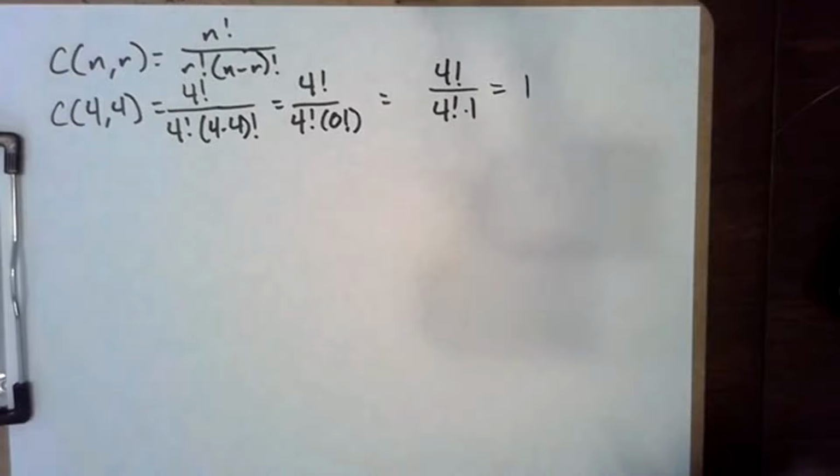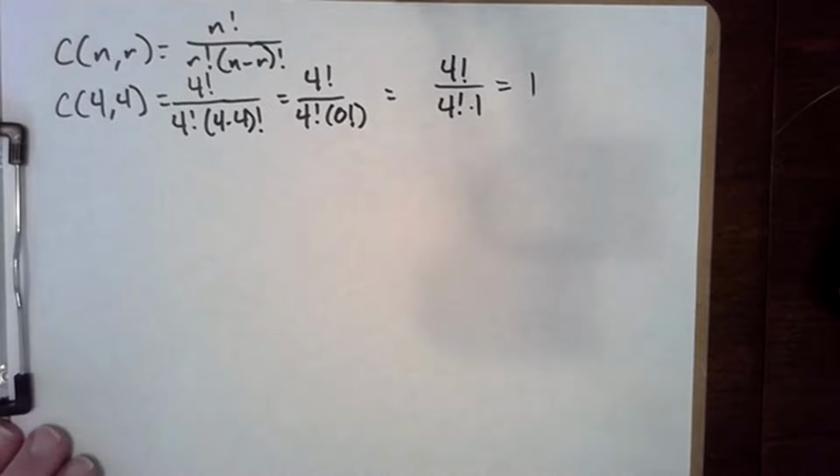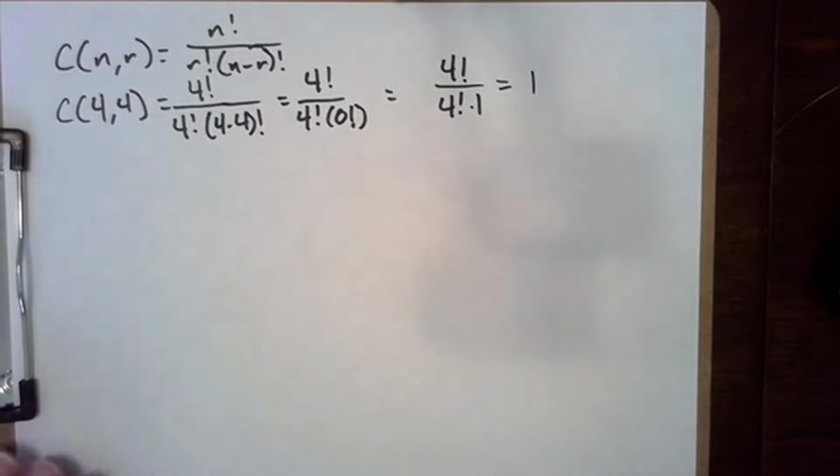So in other words, this is 1. Because we've got 4 factorial over 4 factorial, and anything divided by itself is, of course, 1, except for 0, and we're not worrying about that right now.